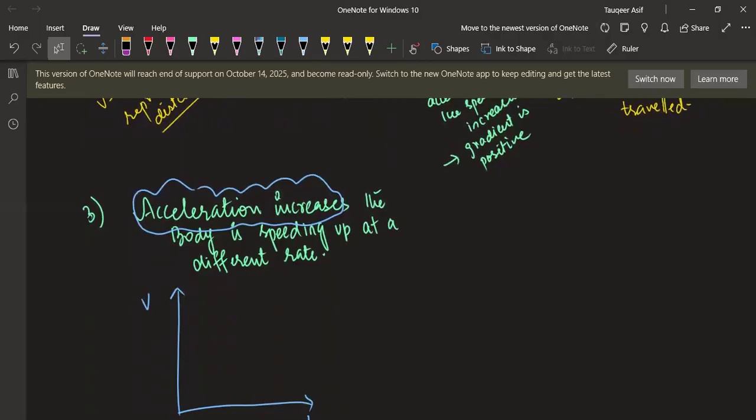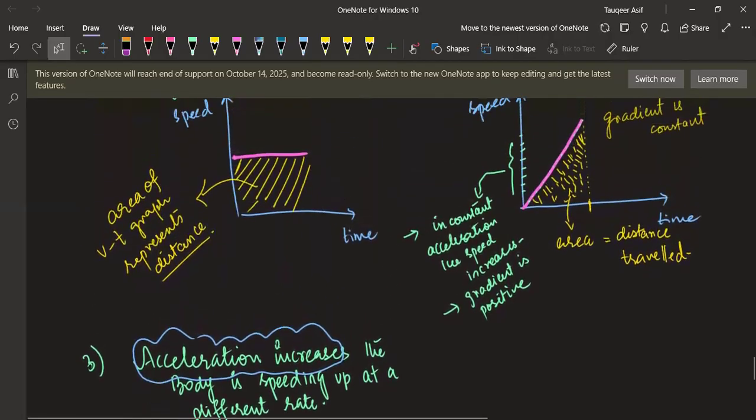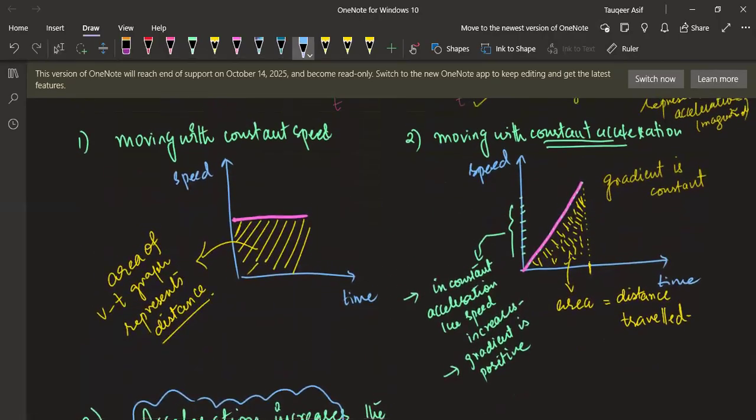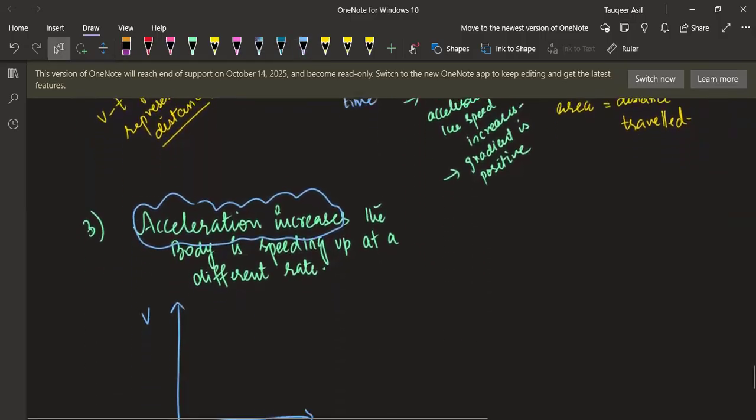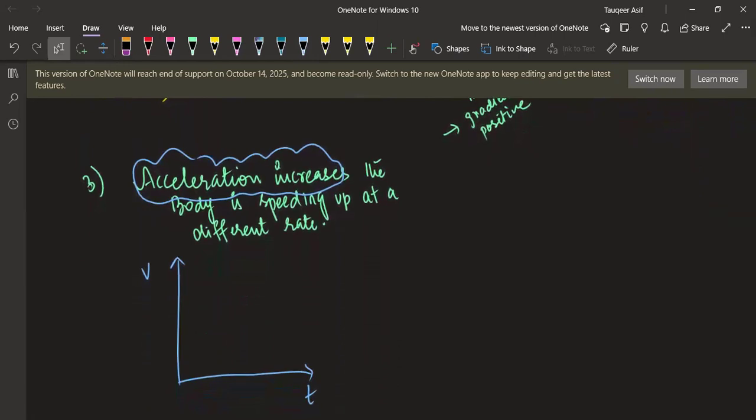In example number two, there is a diagonal line, and we are saying that the body has constant acceleration, right? So when I say acceleration is increasing, am I still going to have the straight diagonal line, or is it going to be a curve?